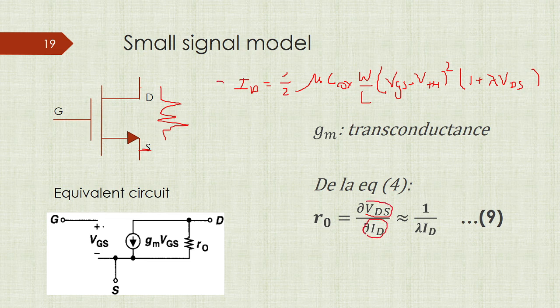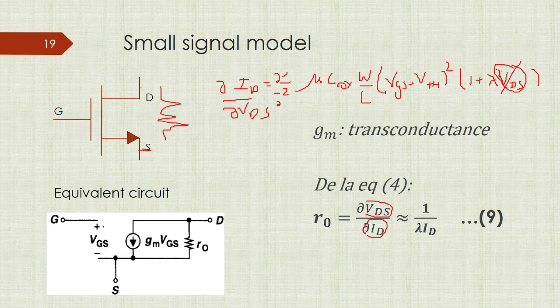So if we derive this relationship with respect to VDS, here we have a linear relationship, so this term goes away.